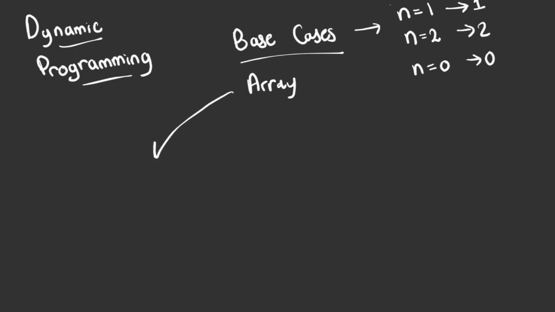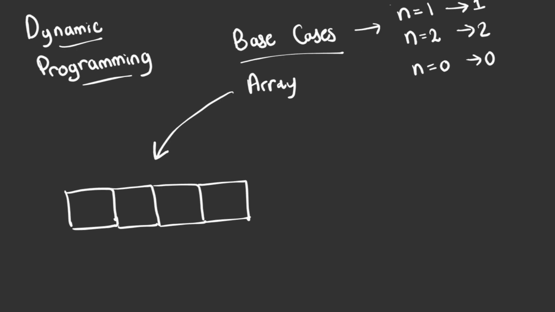Then we can go ahead and construct the DP array. Now for the array, it's going to take n plus 1 space, since that's how many indices we have. So if we keep going with the n equals 3 example, we're going to have 4 places for the array. So we have 0, 1, 2, and 3.